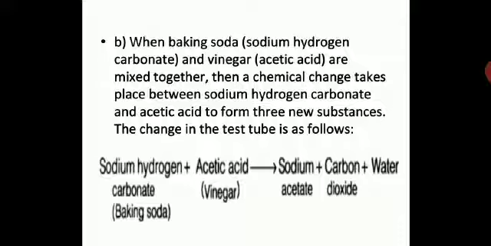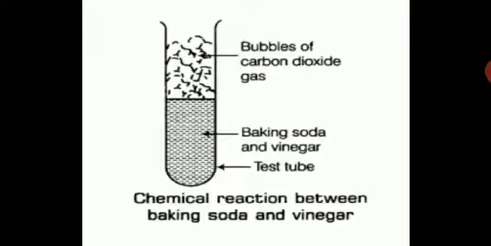This is the word equation for the reaction. There's a formation of the sodium salt of acetic acid, plus carbon dioxide gas, and water is given out. So you can see over here in this reaction, bubbles of carbon dioxide gas are given out when you add baking soda and vinegar in the test tube.